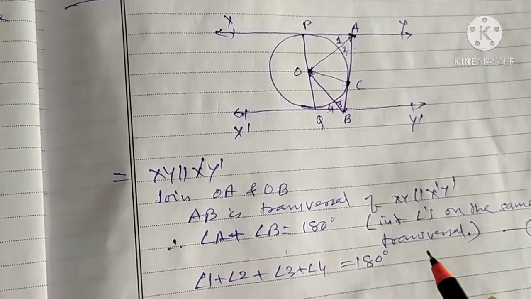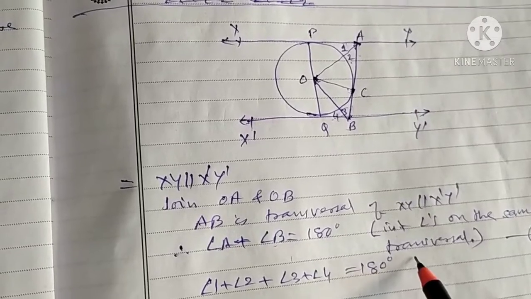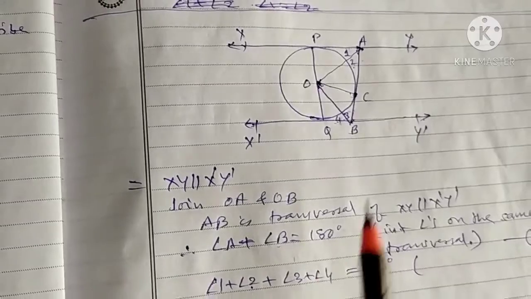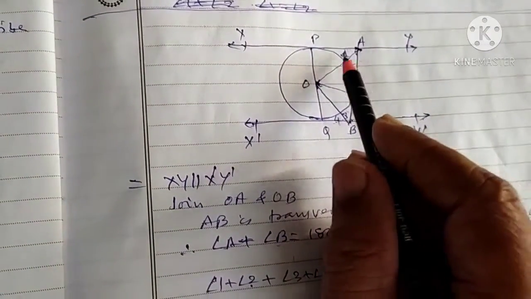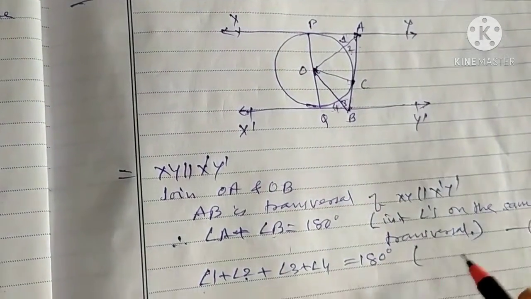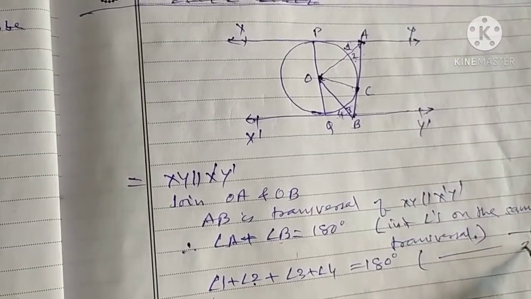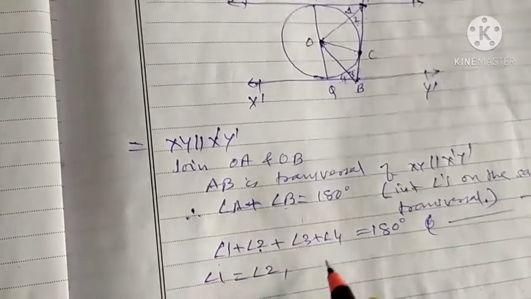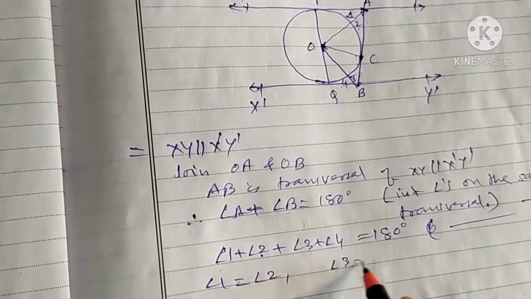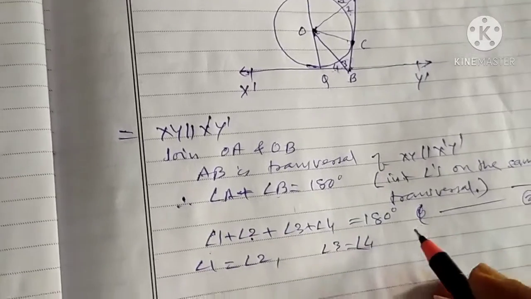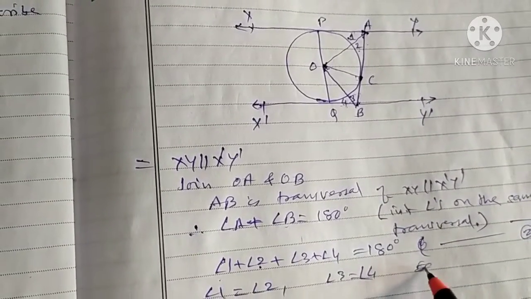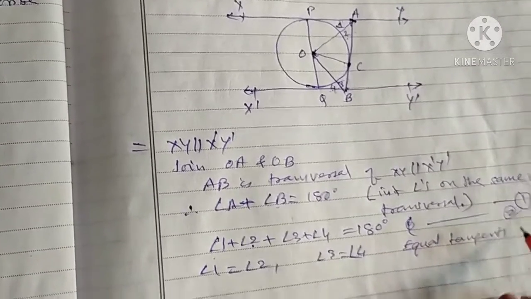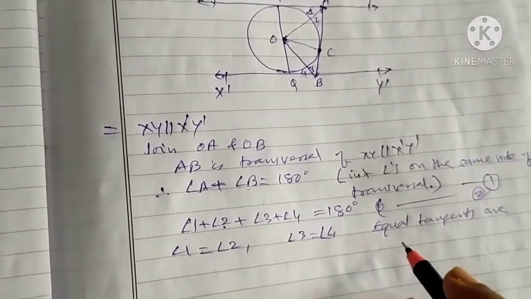Got it? Right? Now after writing 1 and 2, we can replace 1 by 2 because 1 equals 2. Say suppose this is number 2. Now angle 1 equals angle 2, angle 3 equals angle 4. What is the support? Equal tangents are equally inclined.